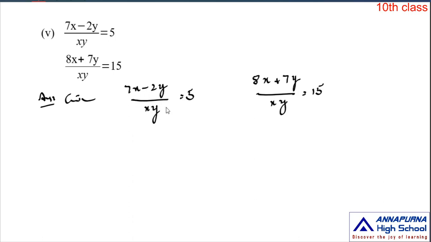Now I split this common denominator to these two terms in the numerator. Now the first equation changes to 7x by xy minus 2y by xy.